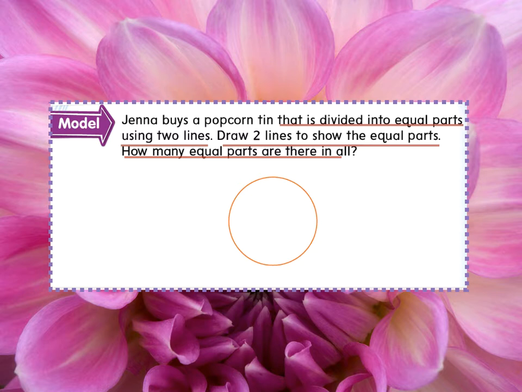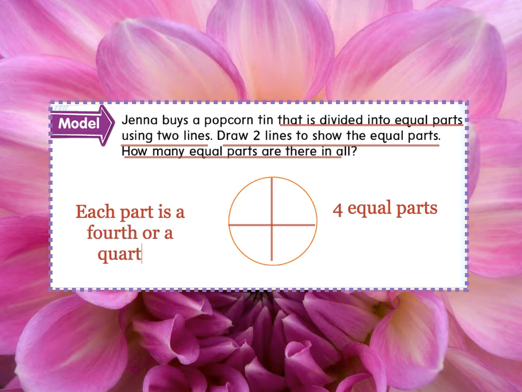Let us draw 2 lines. 1 and 2. Now let us count how many equal parts there are. 1, 2, 3, 4. So there are 4 equal parts. And each part is a fourth or a quarter.